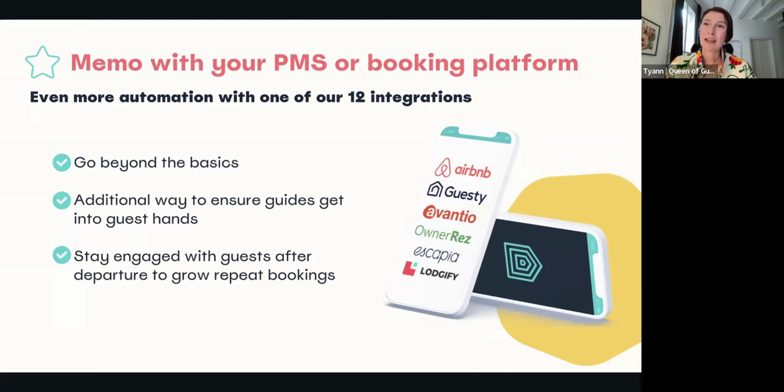And you can also create custom emails and texts to supplement. So if you've already got your messaging flow set up through your unified inbox through your PMS, fantastic, keep using that. If the integrations have the ability to send that guidebook link, we totally encourage you to do that as well. If the integration doesn't allow us to do that, because a few of them don't, you can use TouchStay to make sure that you're getting that guidebook into your guests' hands.